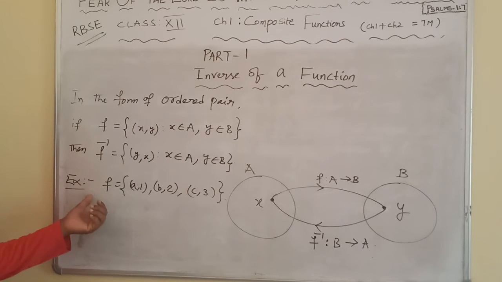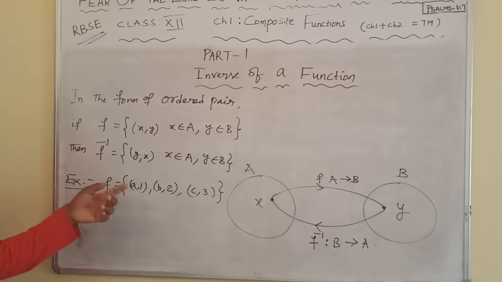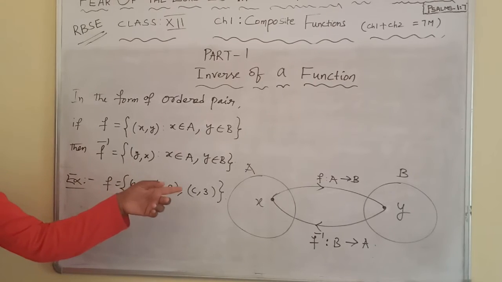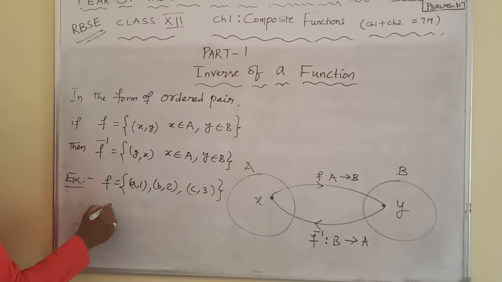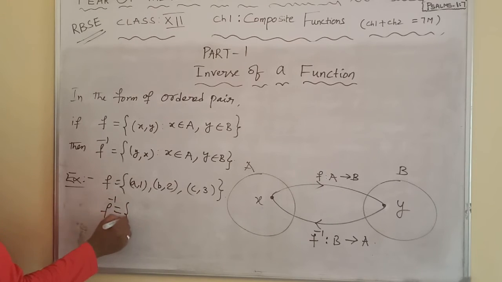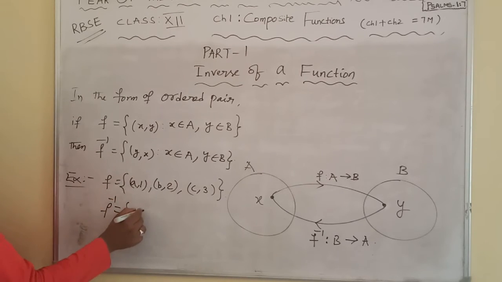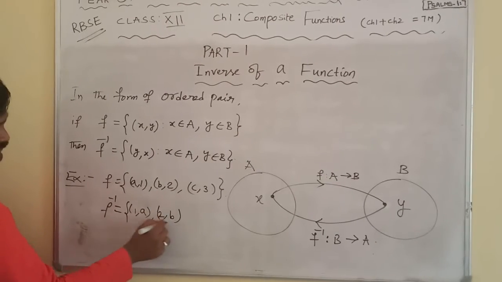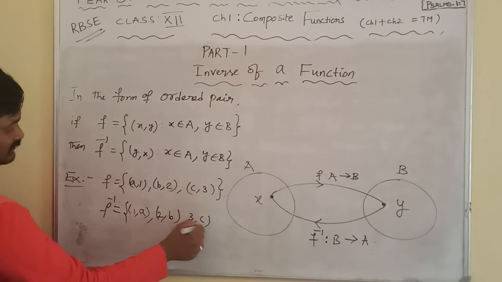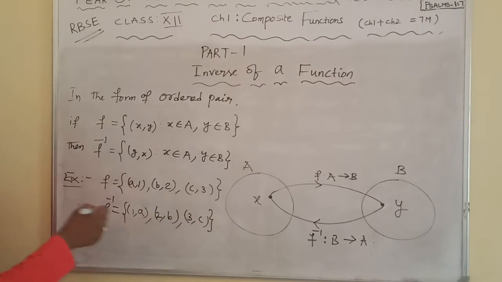If in the exam they give f is equal to (a,1), (b,2), (c,3) like this, how to write f inverse? We can write directly f inverse is equal to, interchanging those elements, (1,a), then second (2,b), next (3,c). So that is your f inverse function.